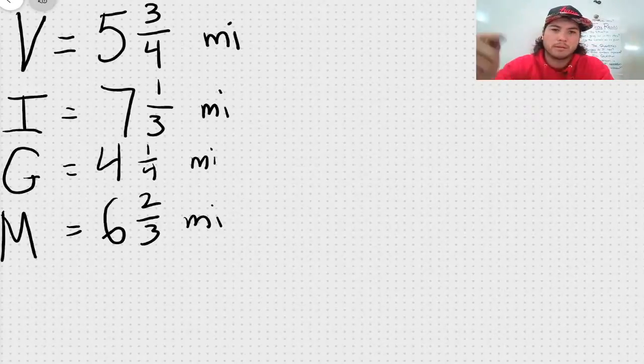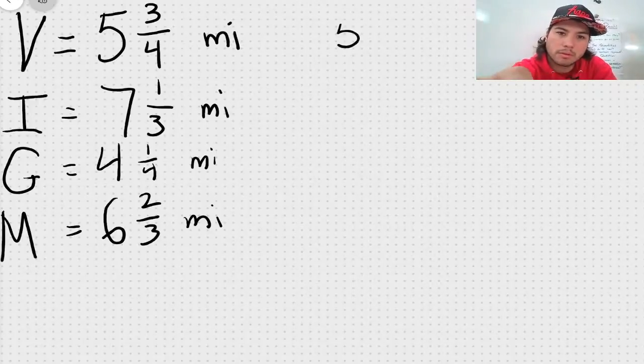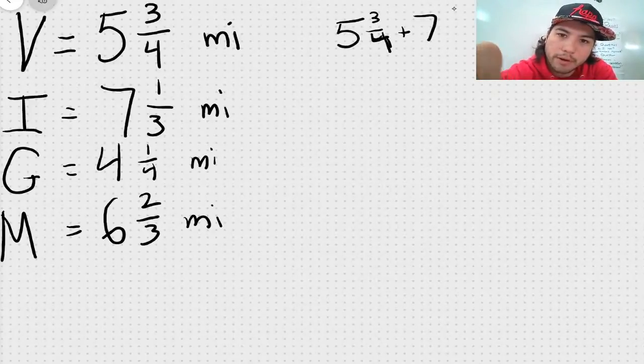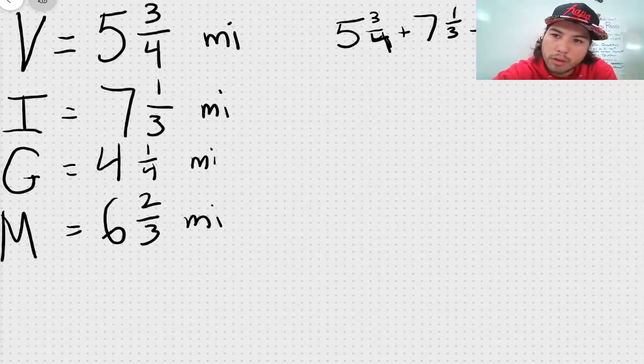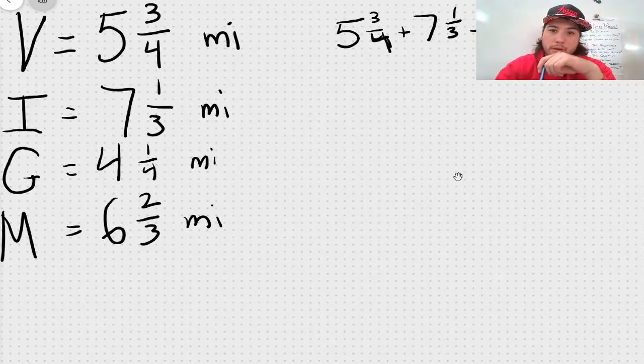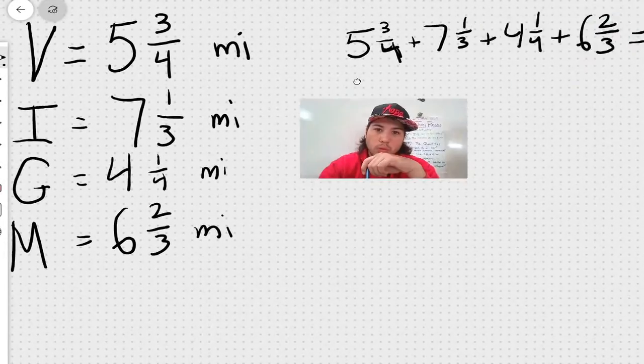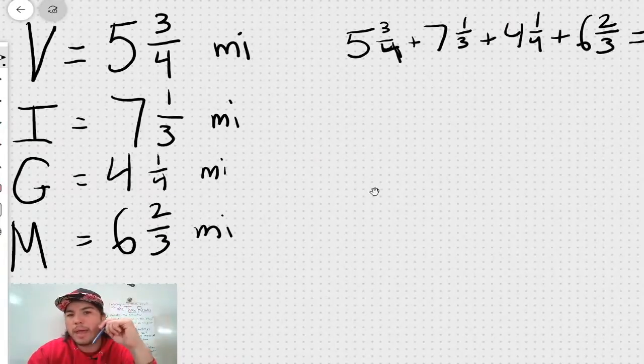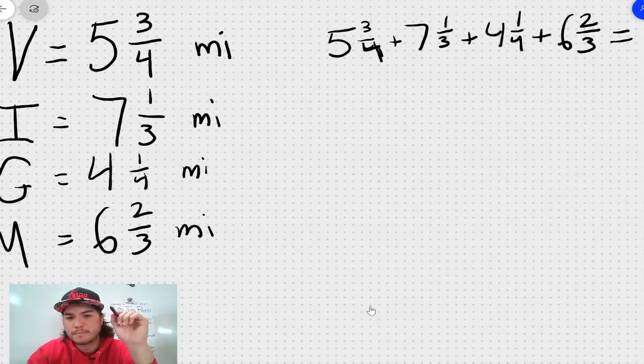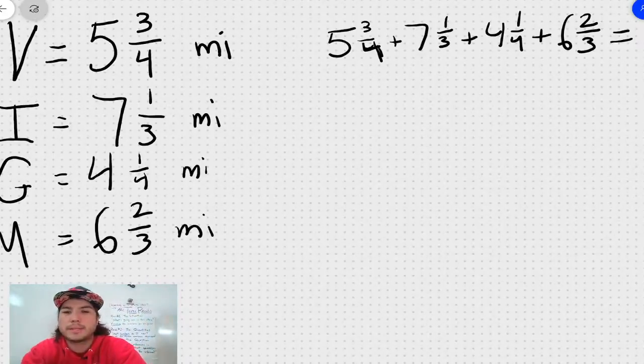If I know I'm adding 5 3/4 plus 7 1/3 plus 4 1/4 plus 6 2/3, if I know that I'm adding all of these quantities up, I can use the commutative property and say, hey, I can rearrange these addends and the sum is still going to stay the same.